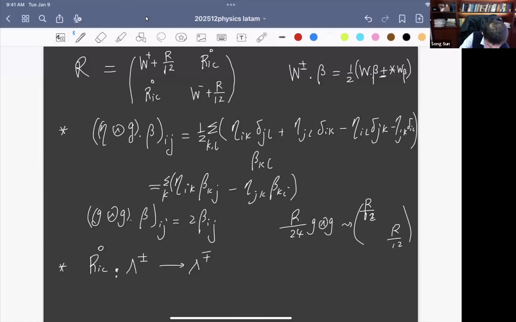So we may assume the traceless Ricci is diagonal in the basis e1, e2, e3, e4, and it's traceless. So the eigenvalues satisfy lambda 1 plus lambda 2 plus lambda 3 plus lambda 4 equals 0.